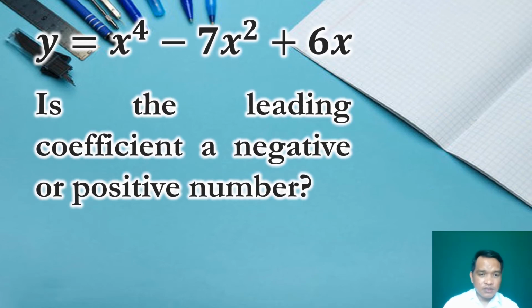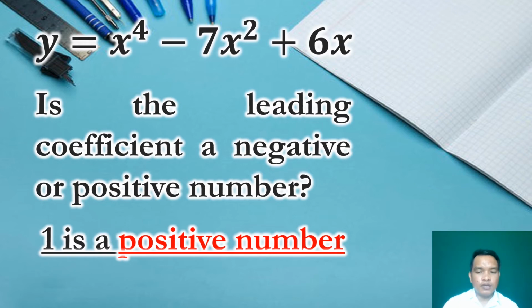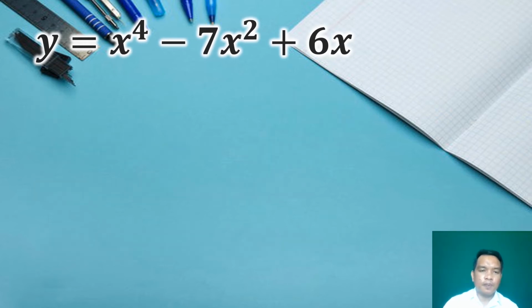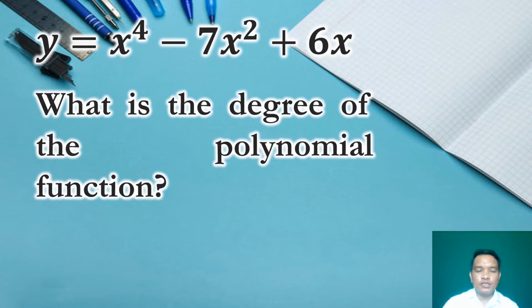Is the leading coefficient a negative or a positive number? So 1 is a positive number. What is the degree of the polynomial function? Again, the degree is the highest exponent. The highest exponent is 4.